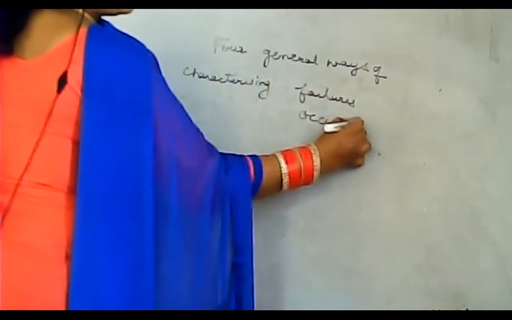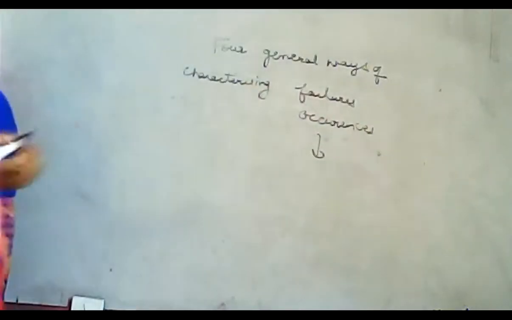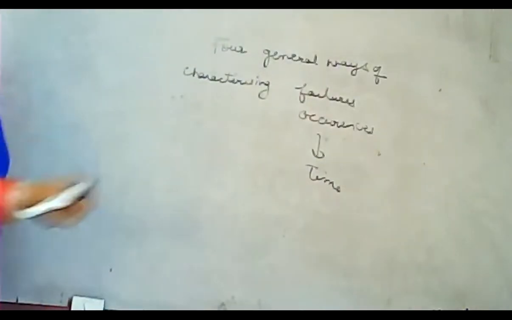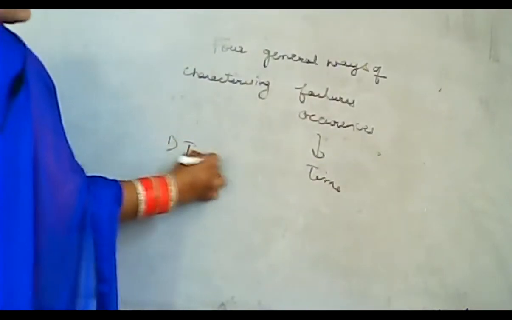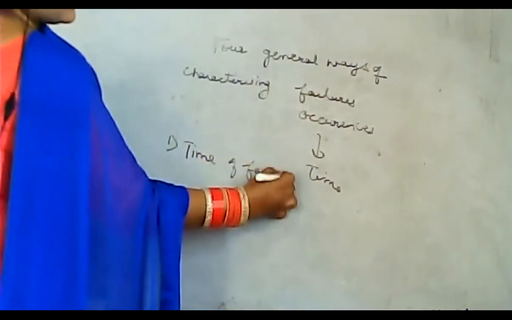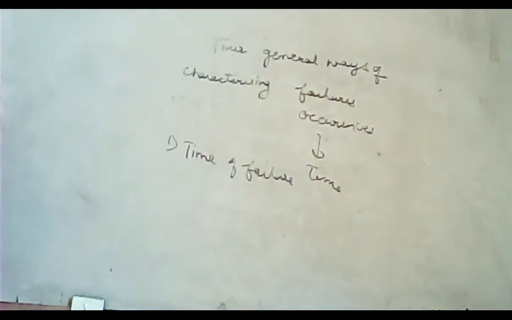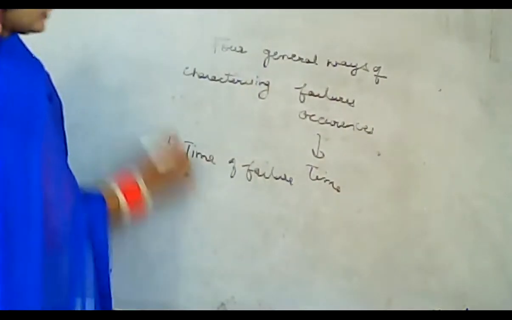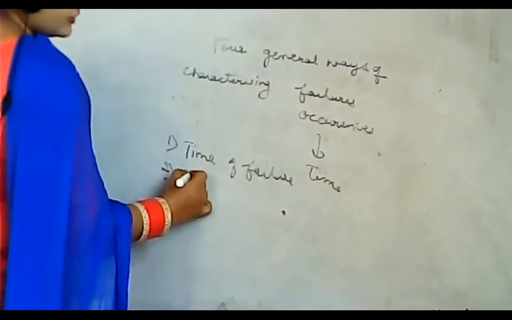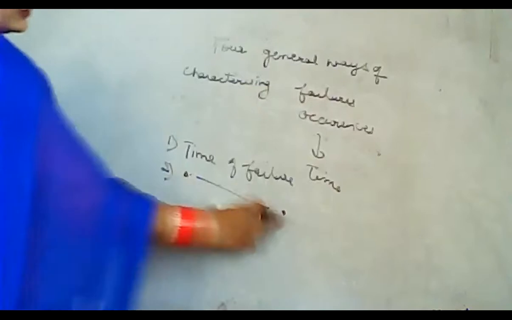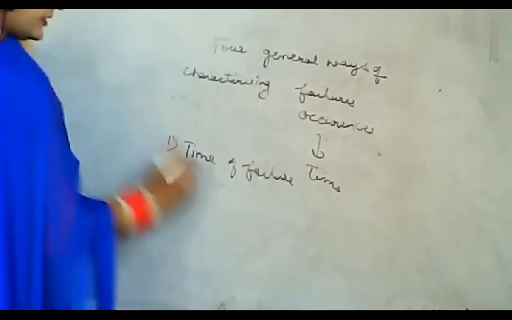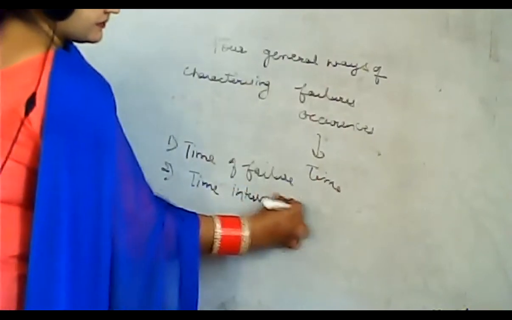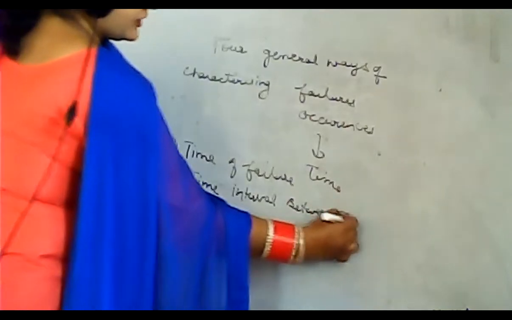Failure is occurring, at which time is it occurring? First, time of failure: when did the failure happen? Or we can say time interval between two failures. Here one failure is occurring, here another failure is occurring. So time interval between two failures.